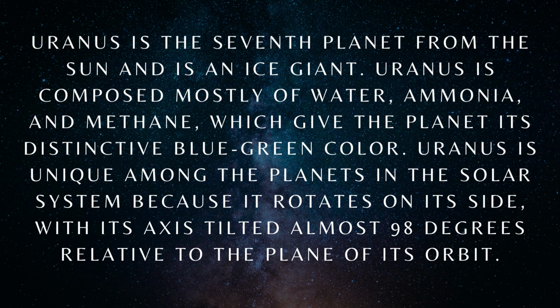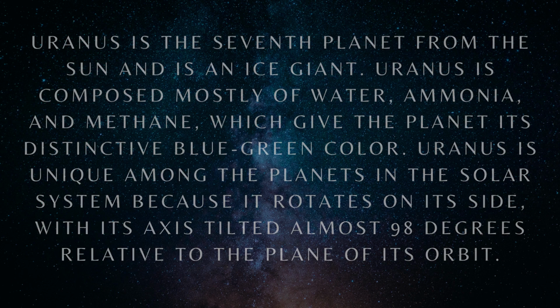Uranus is the seventh planet from the Sun and is an ice giant. Uranus is composed mostly of water, ammonia, and methane, which give the planet its distinctive blue-green color. Uranus is unique among the planets in the solar system because it rotates on its side, with its axis tilted almost 98 degrees relative to the plane of its orbit.